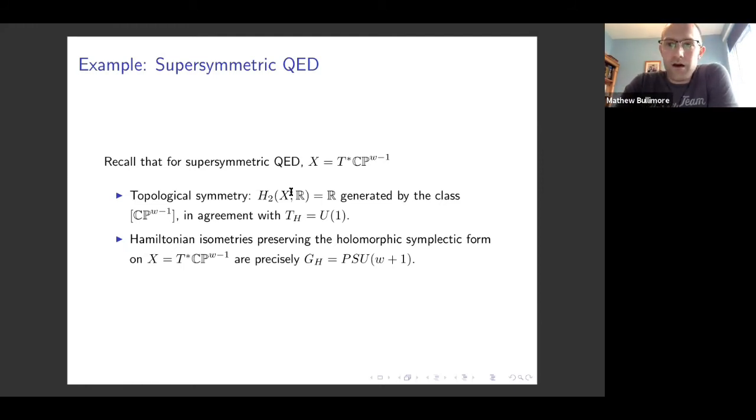And so it's just R. This agrees with the fact that the topological symmetry is just U1 in this case. There's a single generator. On the other hand, if I look at the Hamiltonian isometries that preserve the holomorphic symplectic form, they're exactly given by PSU(N). Again, this is a typo, it should be PSU(N). Sorry about that. These are the isometries of complex projective space, basically. Okay, I think there's a question in the chat.